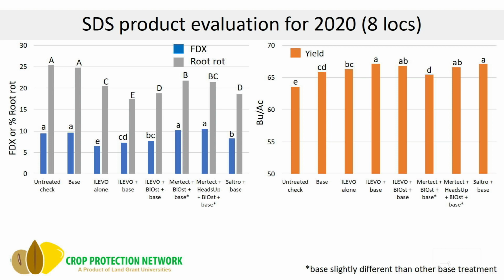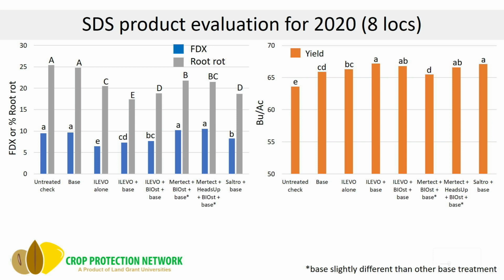All right, 2020, the graph became a little bit busier, so I apologize, but we'll stay on this for a little bit here. Again, we're looking at foliar, FDX, we're looking at root rot, which is the gray bars, and looking at yield, which is the orange bars. The same treatments from 2019, and then we added Murtec plus BioST, and then Murtec plus Heads Up plus BioST as 2 additional treatments, and then we also added Saltro plus the base as a third new treatment.